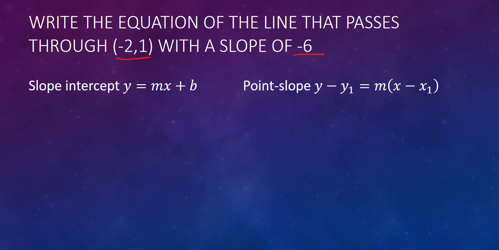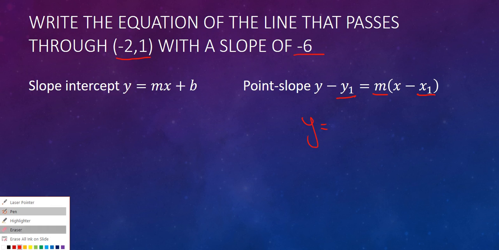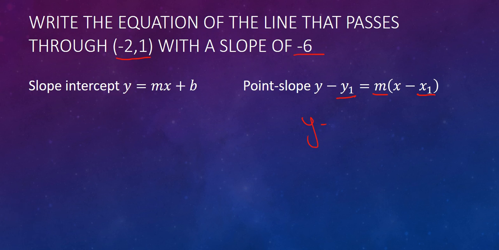So I'm going to do the point-slope version first this time. So plugging my numbers in, my ordered pair, y is 1. Oops, not equals. Let's erase that quick. Okay, y minus the y value of 1, equals slope of -6 times x minus the x value of -2, so just be careful with your signs.